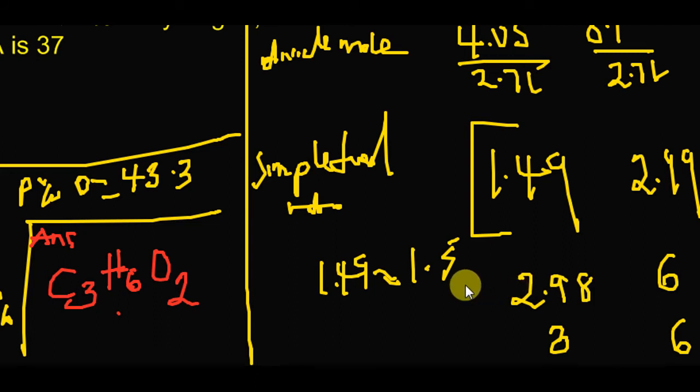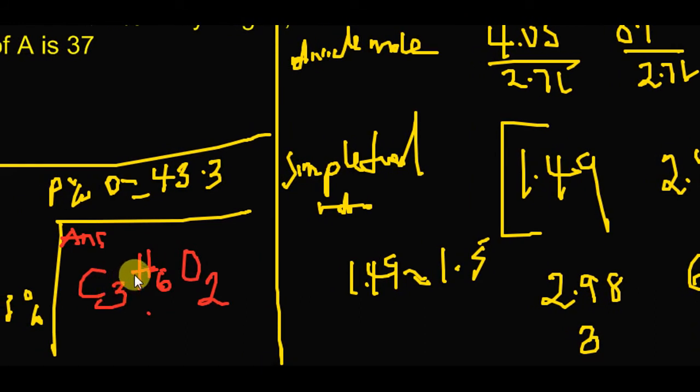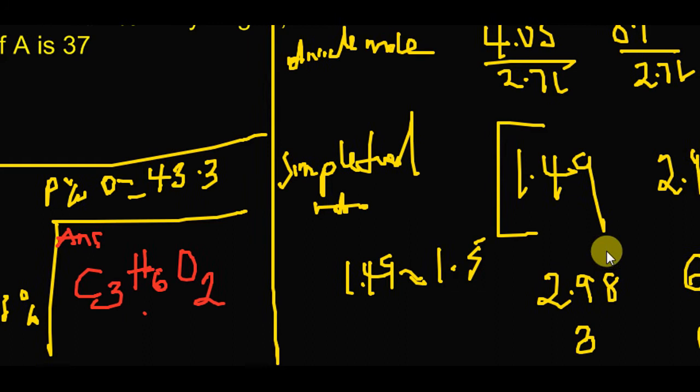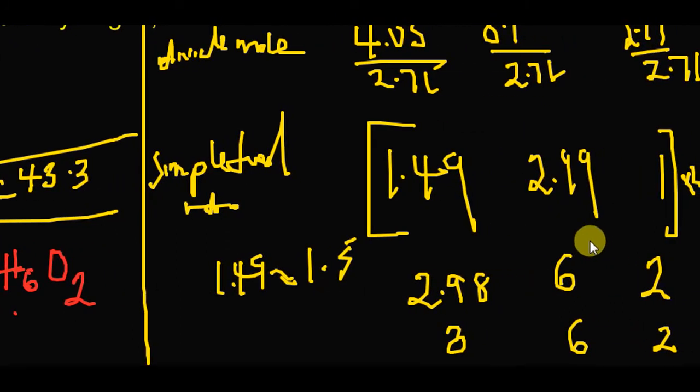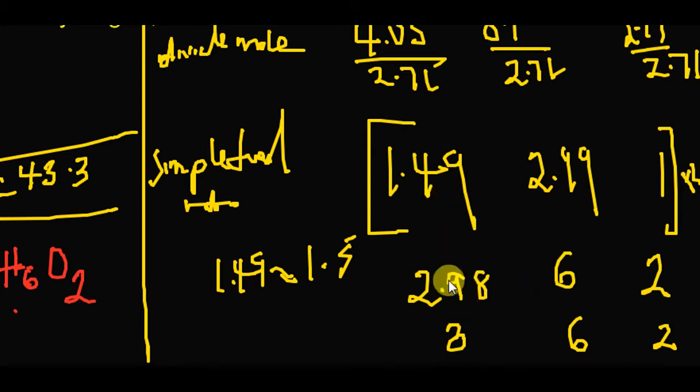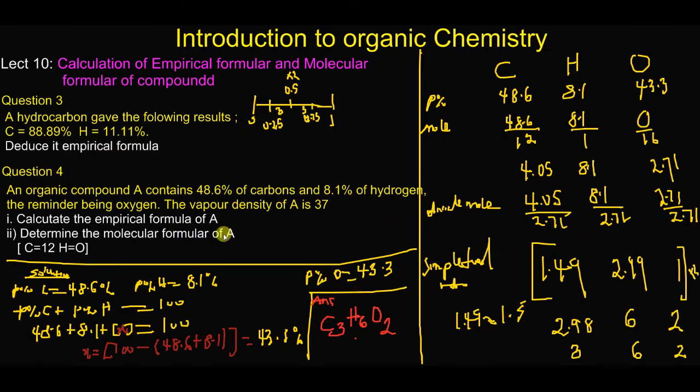So the answer is C3H6O2, because of what we have gotten here. Remember, our carbon is this 3, because we ran this one to 3, and here is 6, and here is 2. So basically that is it. This is the empirical formula determination.